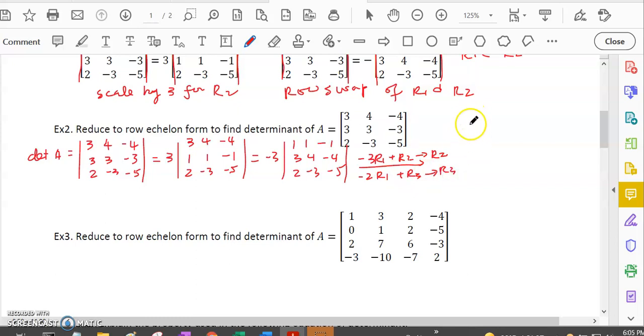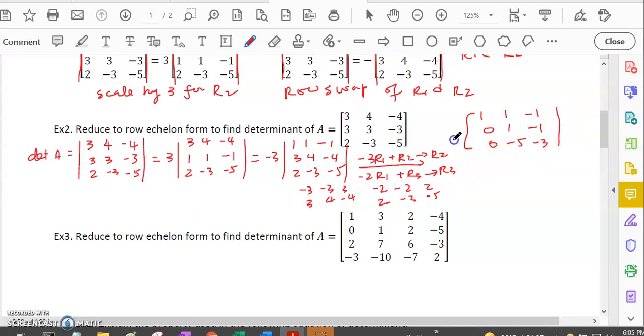Doing it all together, row 1 stays the same, row 2 becomes 0, 1, negative 1, and row 3 becomes 0, negative 5, negative 3.